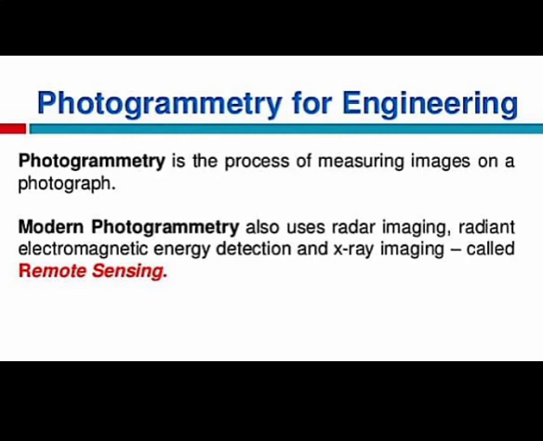Now photogrammetry for engineering: it provides an effective tool in the planning, building and ongoing inspection of civil engineering projects, where you can have the basic sections of photogrammetry and modern remote sensing techniques also.